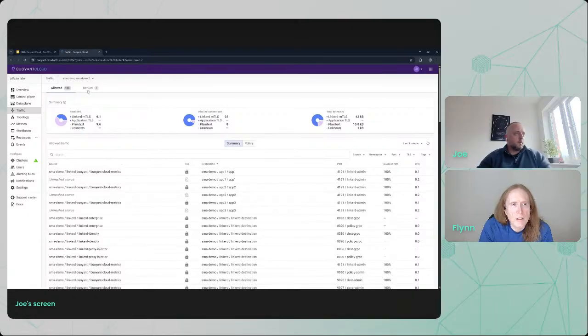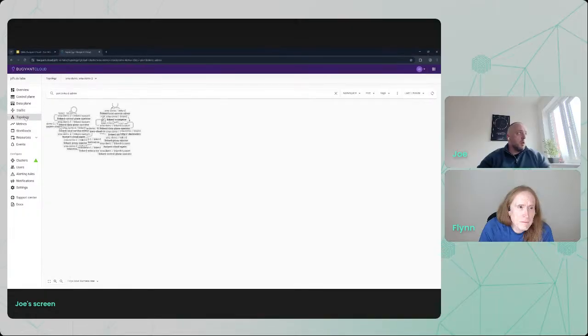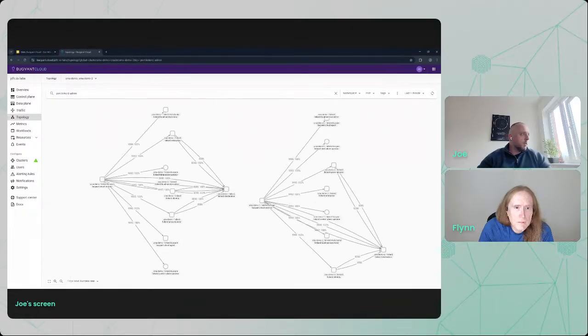For me, looking at this, I'd probably start with traffic or topology. Yeah, you could look at topology as well. It was in SMA demo 1, which is this left side, and it was the gateway, right? Yep, the Linkerd multi-cluster namespace. Yes, we can.